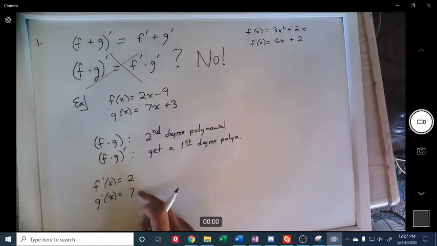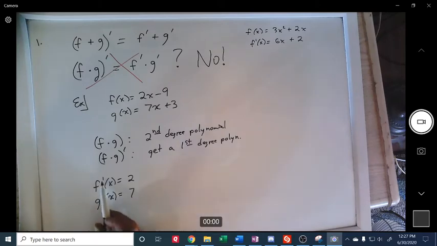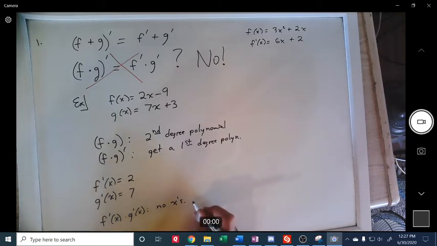You would decrease each of these degrees by 1, and then f prime of x times g prime of x, there are no x's. You just get 14. But we are supposed to get a first degree polynomial.